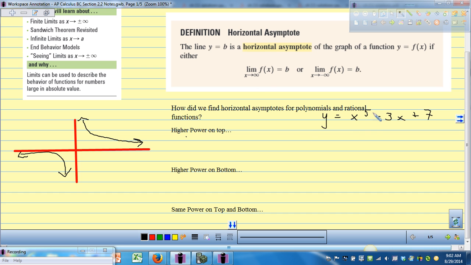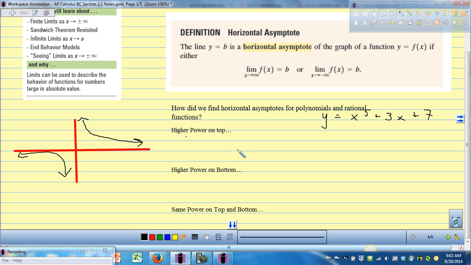Okay. And tell me about a fifth degree polynomial. What does that look like? Somebody help them. Tell me about the tail. Well, it'll rise to the right if it's a positive x to the fifth, but the deal is that one tail's going this way, one's going this way.